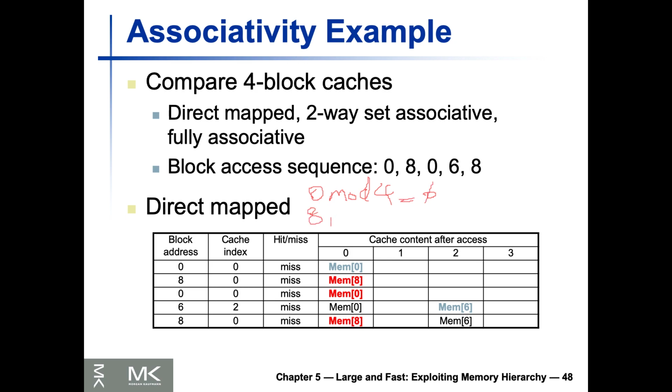The second one is 8 mod 4, which is also 0. And of course 6 mod 4 is 2. So you have 0, 0, and 2.